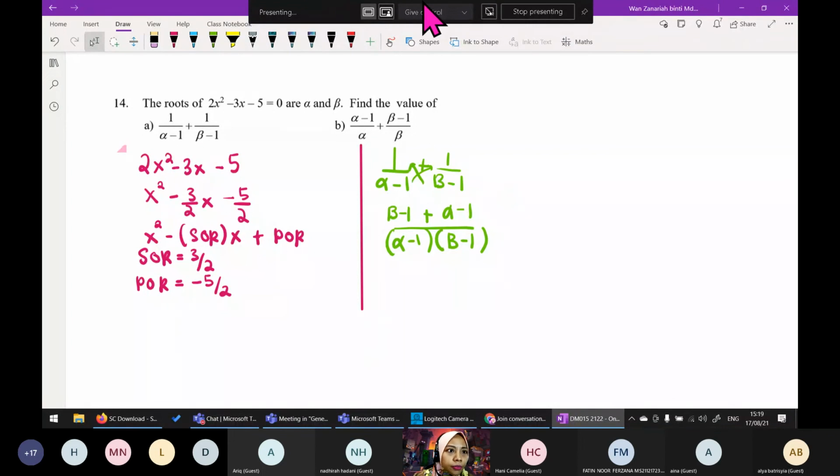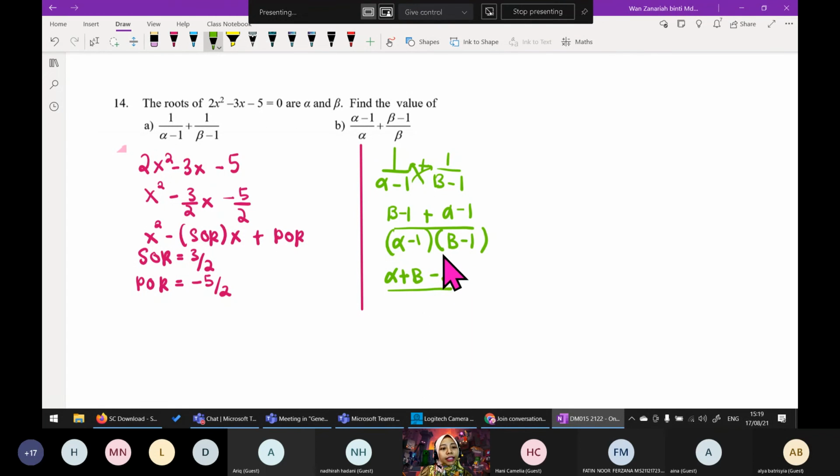Okay. So sekarang ni beta plus alpha, alpha plus beta, kita rearrange a little bit. So minus minus, so it become negative 2, over with, okay, you multiply alpha beta.